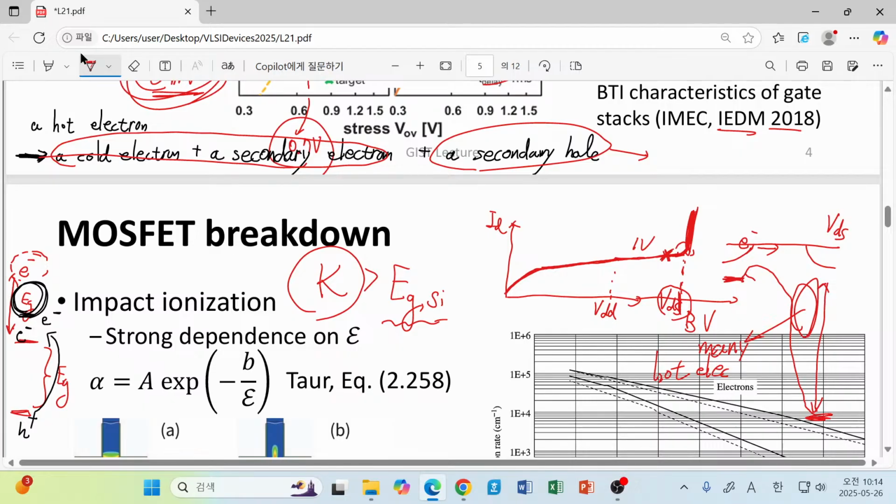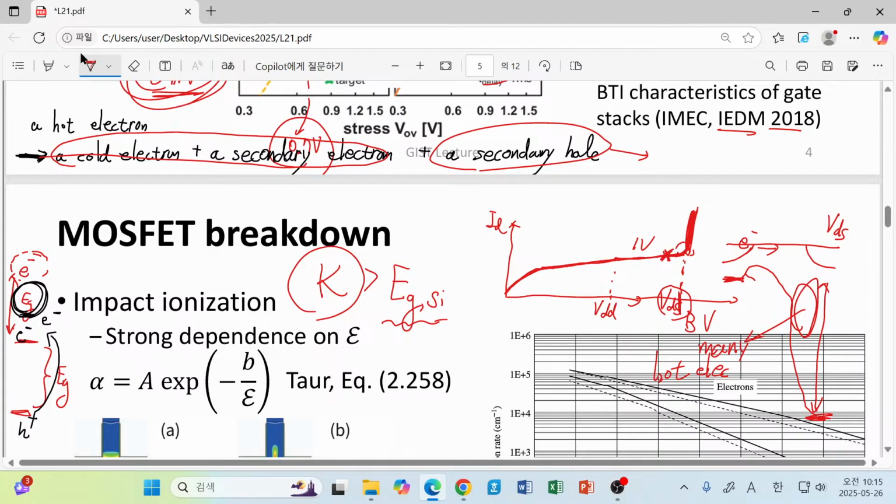But unfortunately, we also have a different technology called SOI devices, silicon on insulator technology. In that technology, we don't have a substrate. Then when a secondary hole is generated, it cannot find the right position to be consumed. So it moves a long way, eventually consumed by a certain contact. And it can introduce some problems in the device operation.